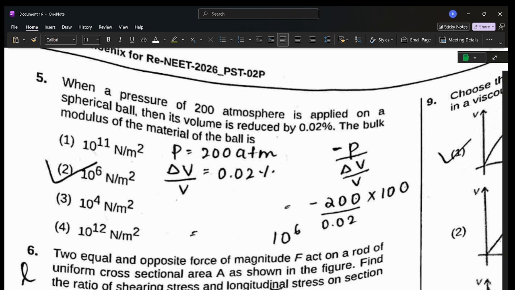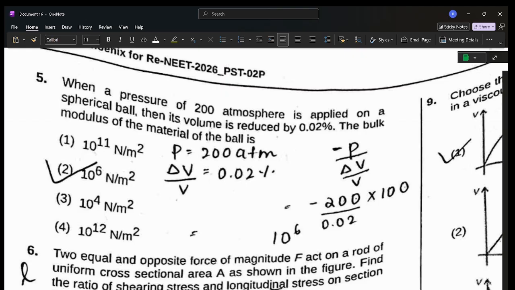You know delta V by V, which is 0.02 by 100. Altogether, yes, you will get 10 power 6, but you've got it with respect to atmosphere. You need to convert it into Newton per meter square. So that is where the whole thing has changed. I think that is what I need to focus on again.